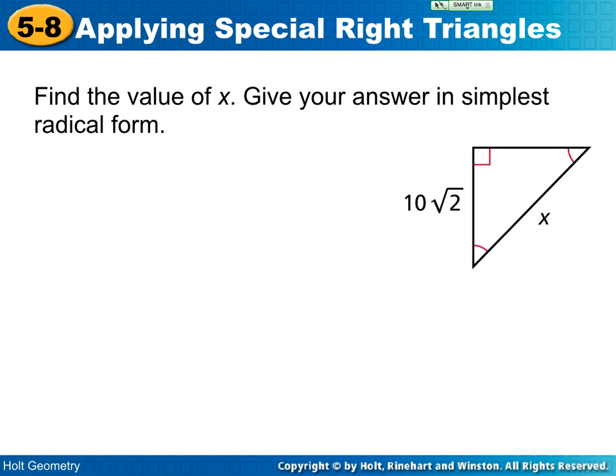You don't need to multiply them. You just need to take this one times square root of 2. It says that the hypotenuse is the length of the leg times the square root of 2. So this is the leg, multiplied by the square root of 2.